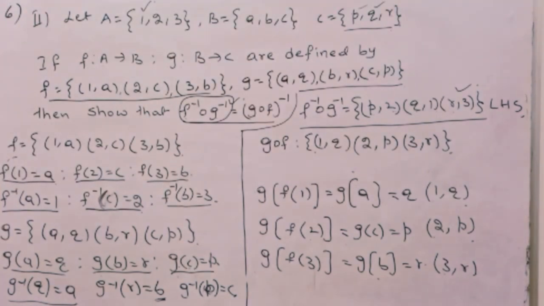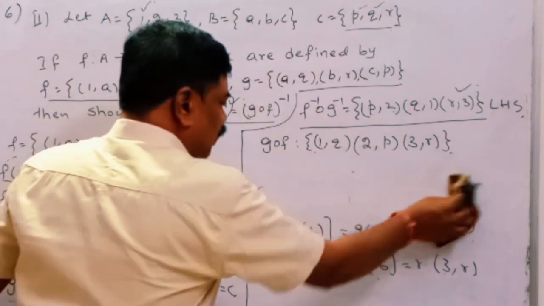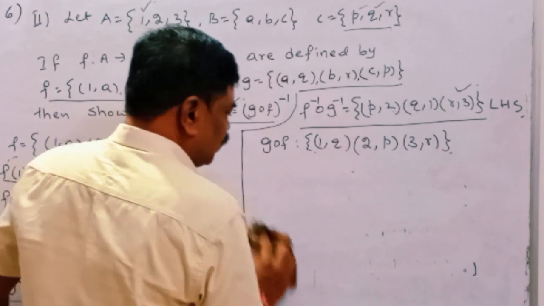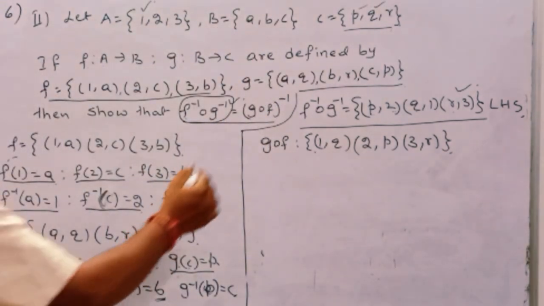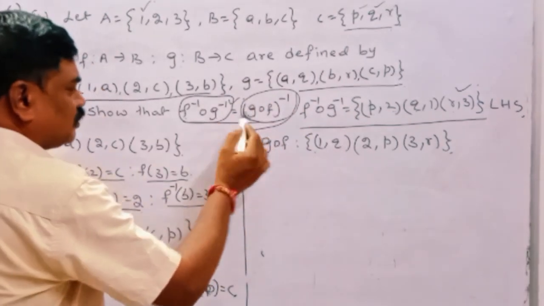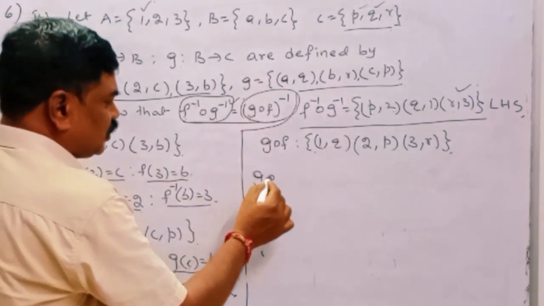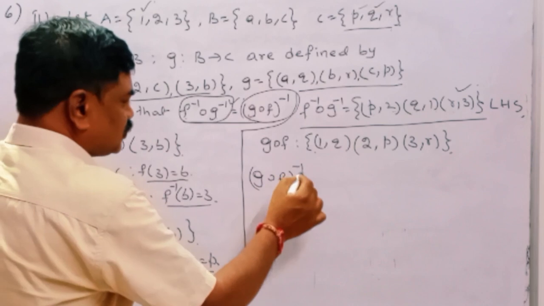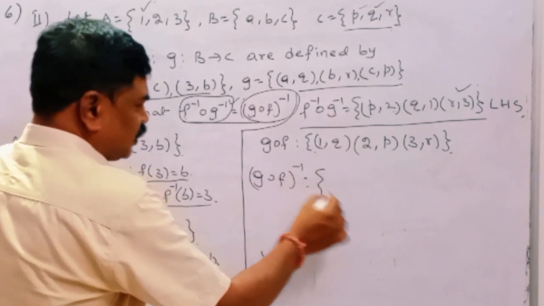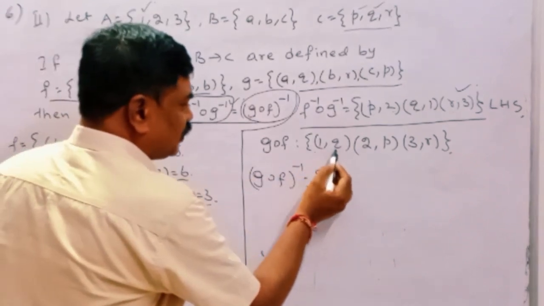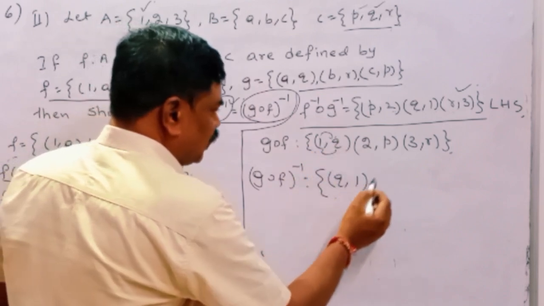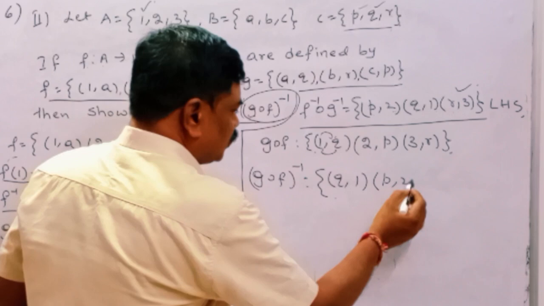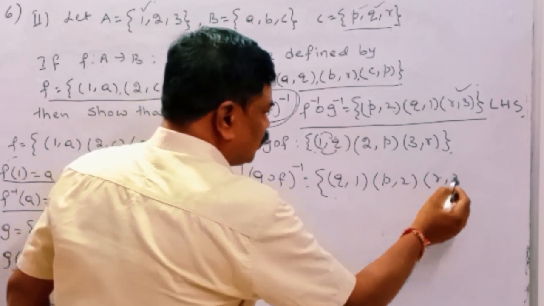Then here we want to find the value of G circle F whole inverse. G circle F whole inverse is the set of these ordered pairs interchanged, that is Q comma 1, P comma 2 and R comma 3.